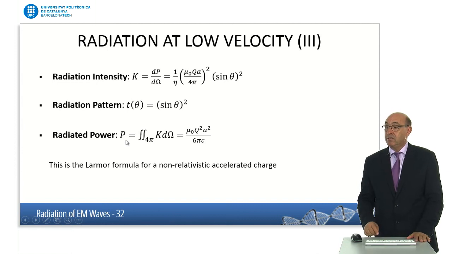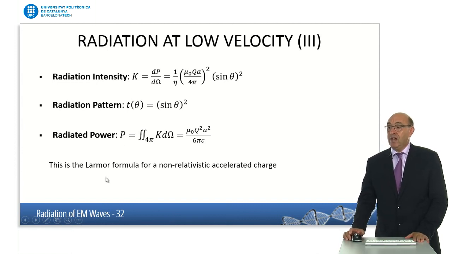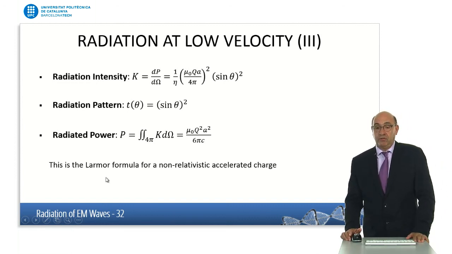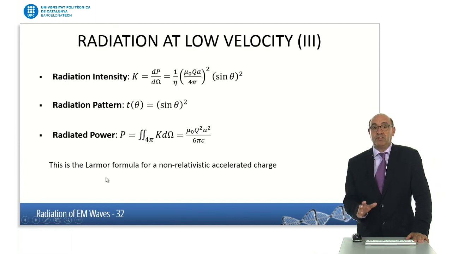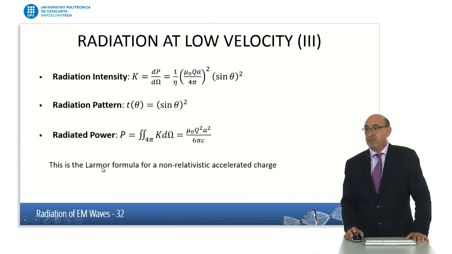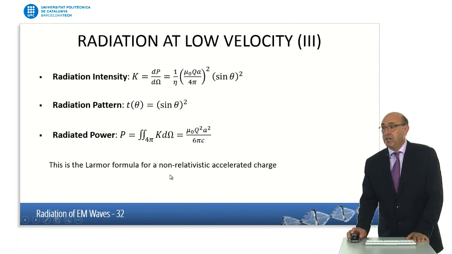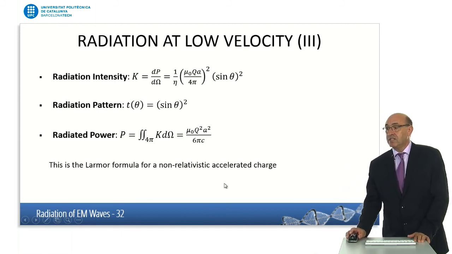This is an expression that is very well known. Larmor, the man that introduced the electron into the picture of electromagnetics. And this is the expression he gave for the power radiated or lost by an electron that is being accelerated.